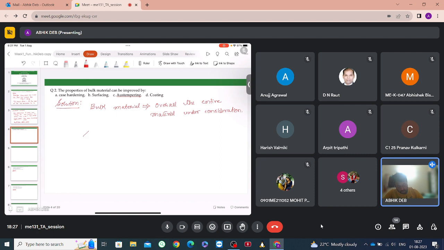Supposedly we have taken this cube as a product. So the bulk material of this cube will be the entire cube. Bulk is basically associated with the word volume. So the entire volume of this material, whatever material we are considering, will be considered as the bulk material. That is, whatever product we have manufactured, the entire thing is the bulk material. It is the bulk of the material.